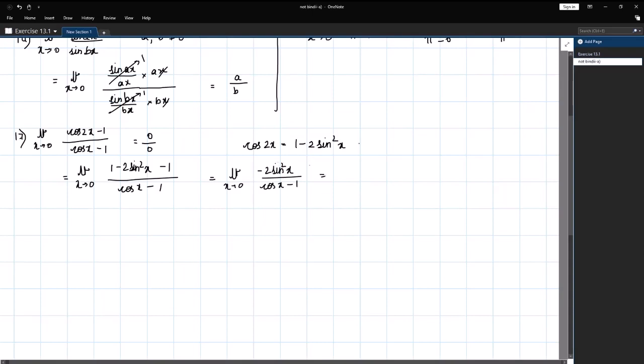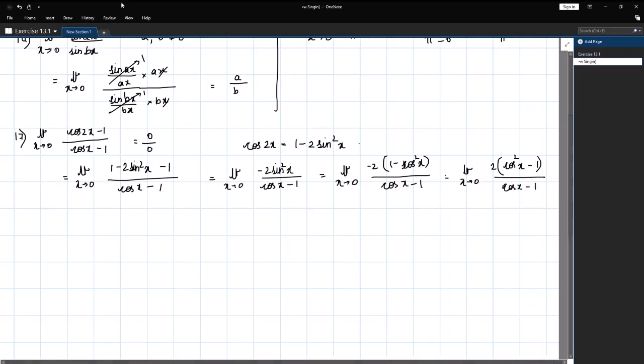So we'll convert sine to cos. What we'll have is limit x tends to 0, minus 2 of (1 minus cos square x) whole divided by cos x minus 1. So if we send negative inside the bracket, we'll have limit x tends to 0, 2 into (cos square x minus 1) divided by cos x minus 1.